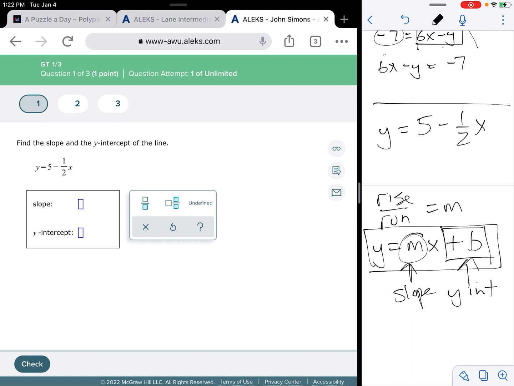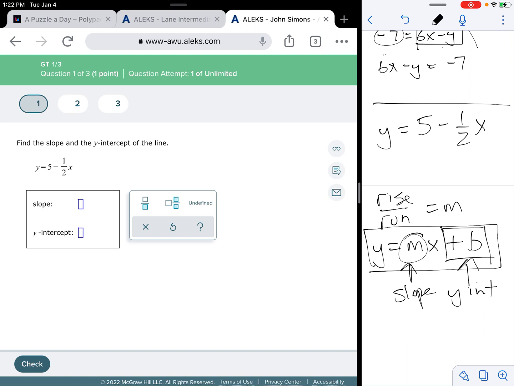The y-intercept just means where the line crosses the y-axis. Unless the line is going straight up and down, it's going to cross the y-axis at some point. So every line that has any kind of slope can be characterized by the general form y equals mx plus b.